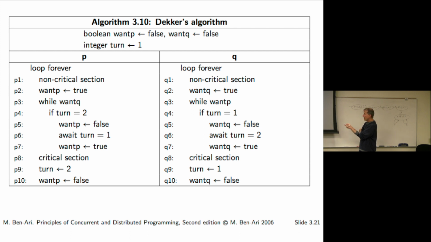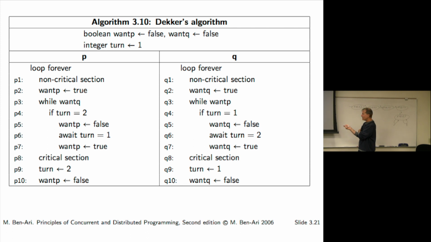But on the other hand, once he goes from P3 to P4, that means both want P is true and want Q is true. That's the only way that can happen, right? Okay, so now he gets to P4. Now whose turn is it to insist?